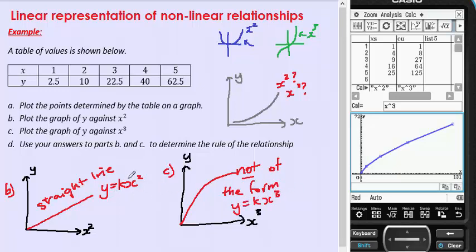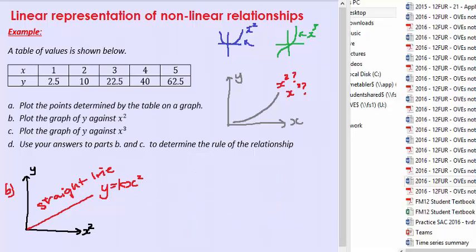Now all I need to do is work out this value for k. So let's have a look at how we do that. We know that these points are on my graph. The rule that I've established, because of my straight line, is y equals kx squared.